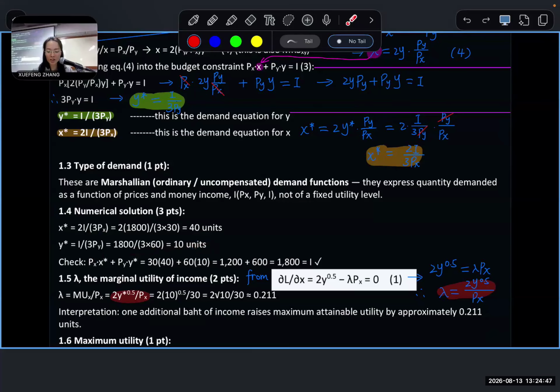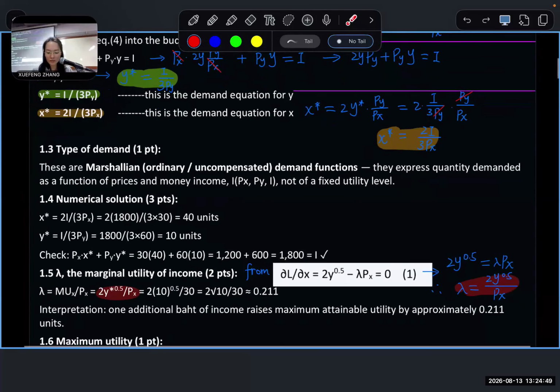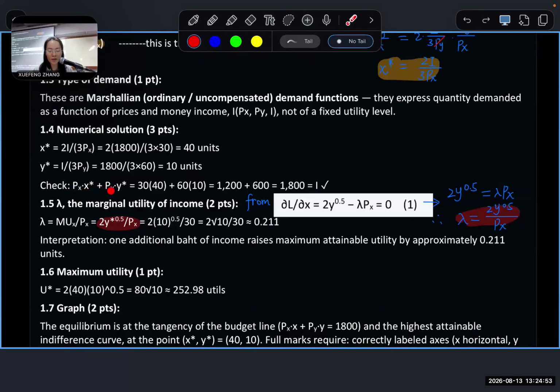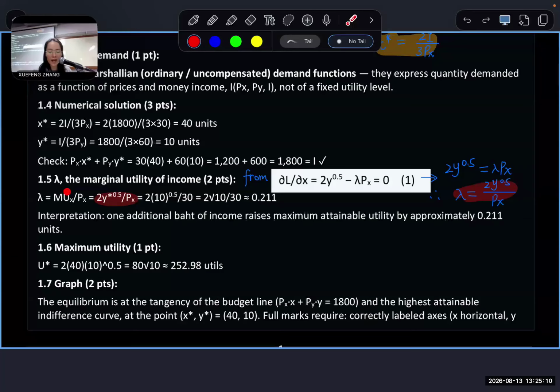And then let's check our constraint. Px times X star plus Py times Y star equal 30 times 40 plus 60 times 10, which is 1,200 plus 600 equal 1,800. Exactly our income, right? So this is correct.